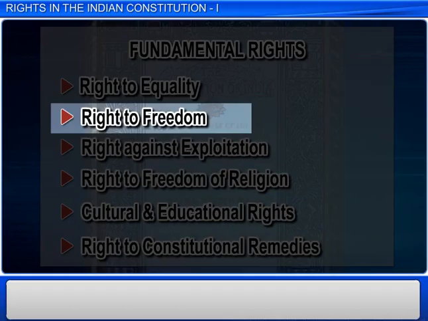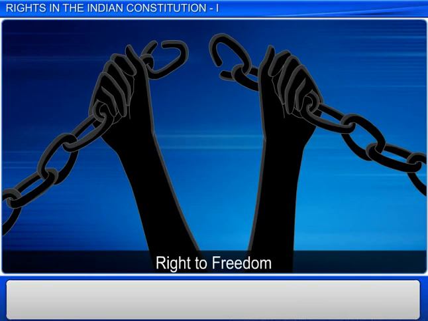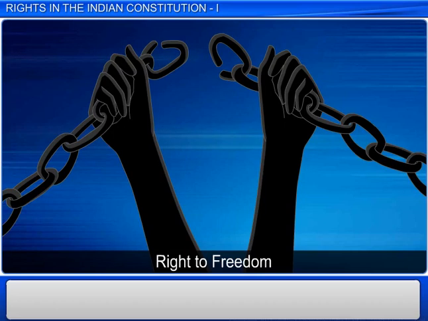The second fundamental right in the Indian Constitution is the right to certain freedoms. Freedom, as the name suggests, is about living freely without any constraints or interference.